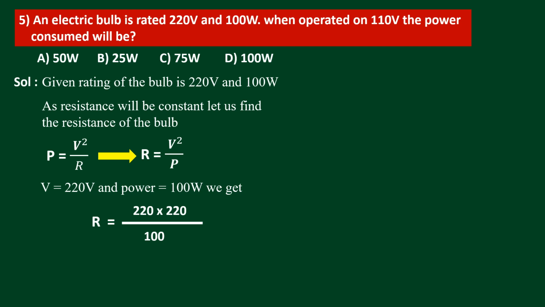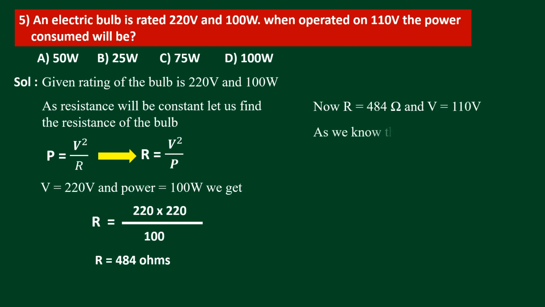So if we substitute the value of V and P in the above equation, we get R is equal to 220 into 220 divided by 100, that is equal to resistance is equal to 484 ohms.